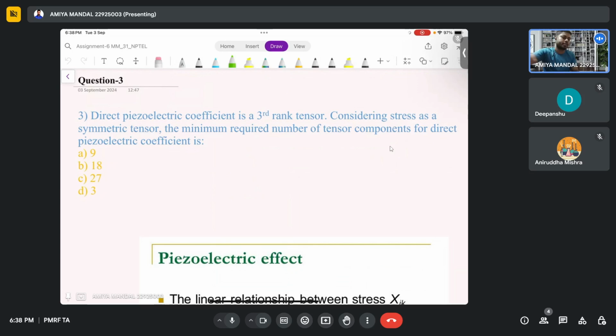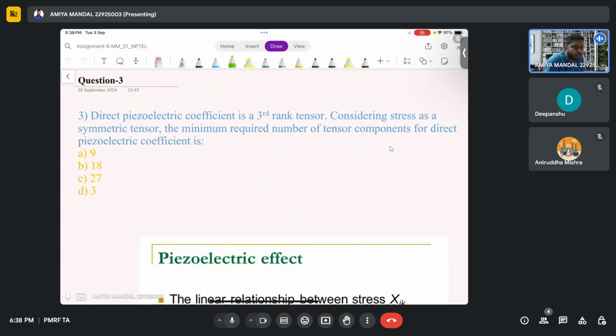Question number 3 is about the direct piezoelectric coefficient. Piezoelectric coefficients relate mechanical stress and polarization. This is a third rank tensor.